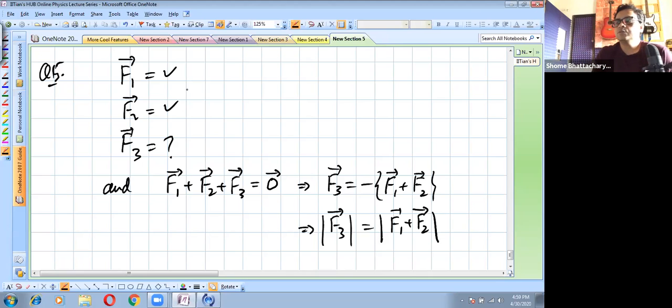And then come to the 6th and 7th question. They are interconnected, the same data for both of them. Alright, so people, hope this is clear.